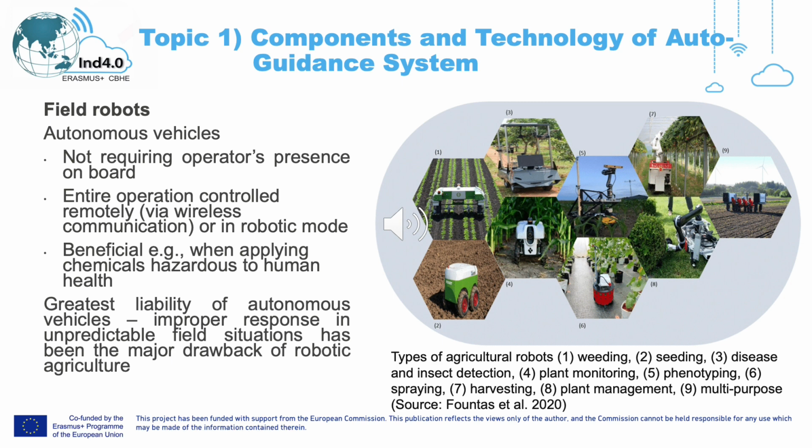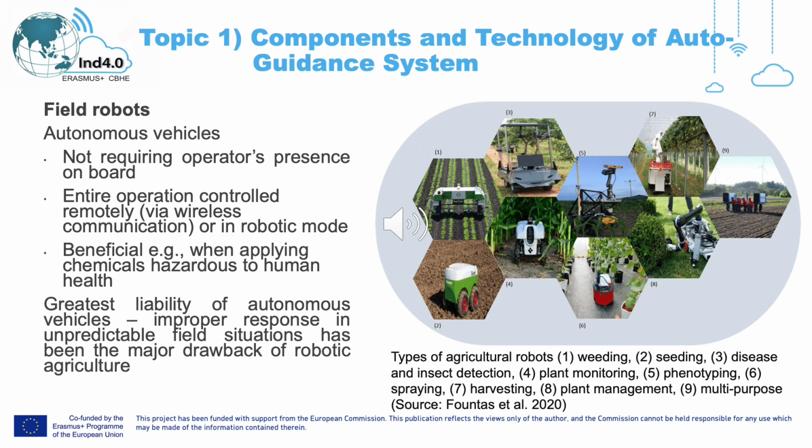Finally, with autonomous vehicles, the operator's presence on board is not required, that is, in robotic mode. The entire operation is controlled remotely via wireless communications. The field robots can be very beneficial, for example, when applying chemicals that are hazardous to human health.